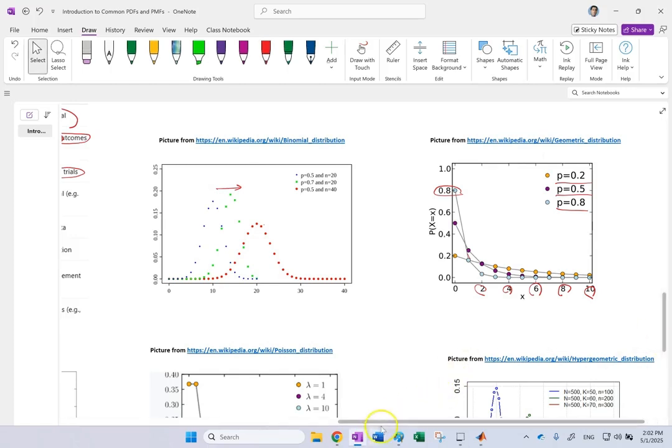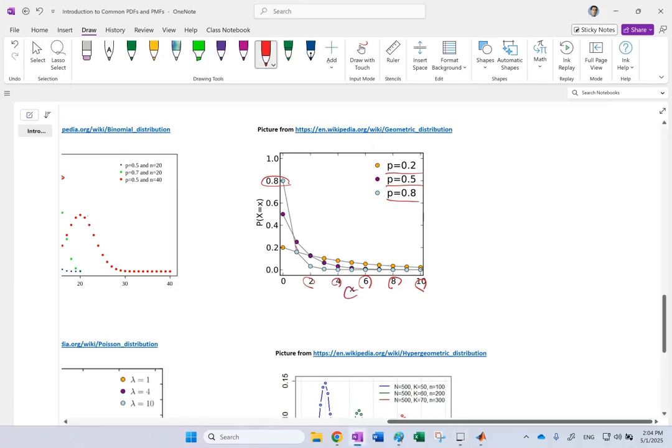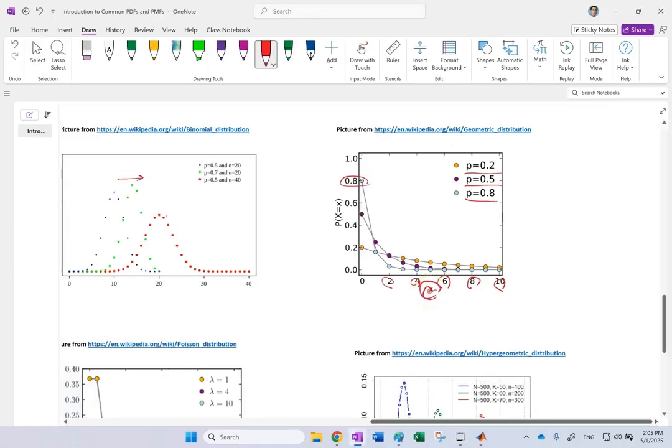So if I want to explain that in another way, this probability distribution, this PDF, gives the probability of the first success requiring k trials. In this case, x is representing that k. So if you want the first success to happen after 2 tries, 3 tries, 6 tries or 10 tries, the chance of that drops fast.